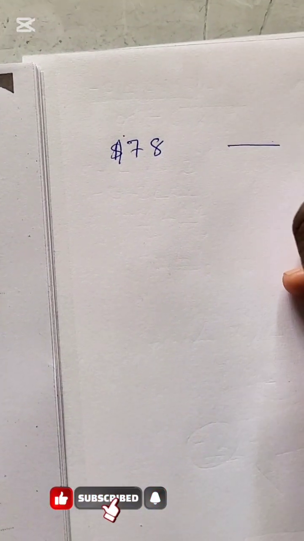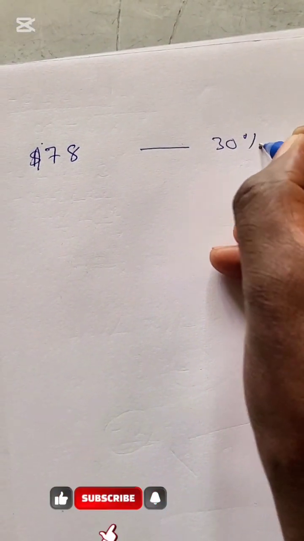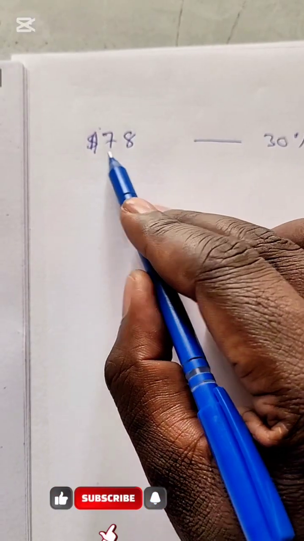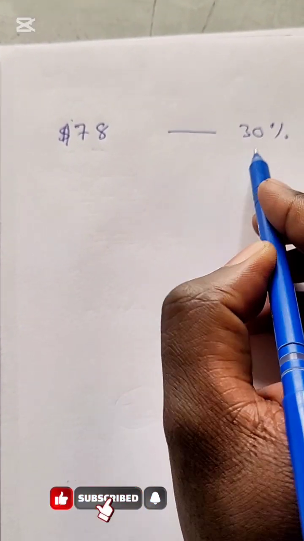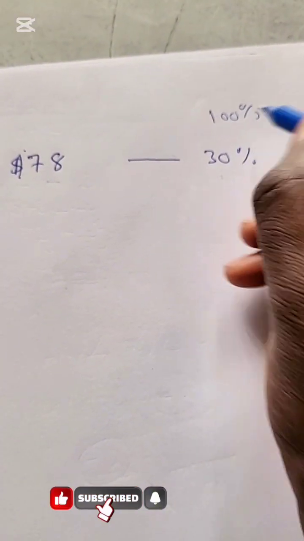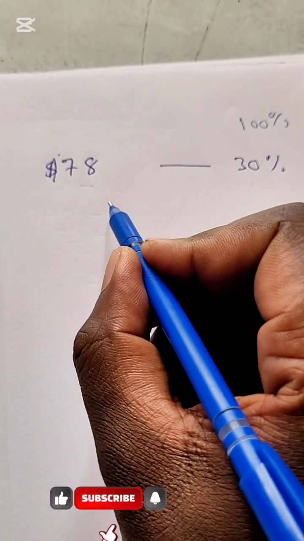So the original price, guys, is sold to make a profit of 30%, meaning to say this $78 is the result of 30% profit. So the original price is marked at 100%. Are we in agreement?